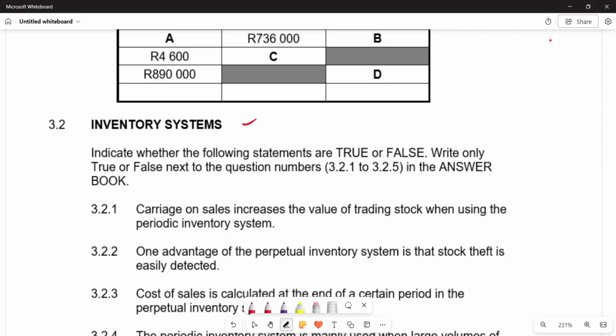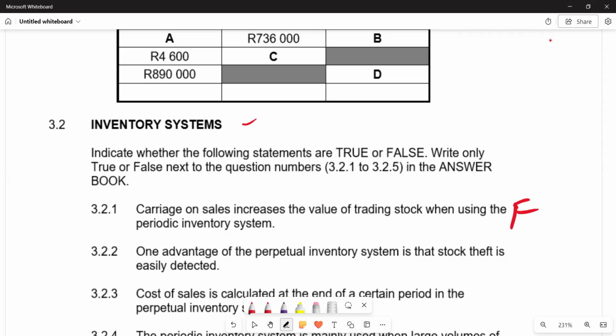So it's not going to affect the figure for purchases, or the figure for our closing inventory. So we are not going to have any effect there. So it means our statement is false. So we're going to indicate it as false here on the first part.